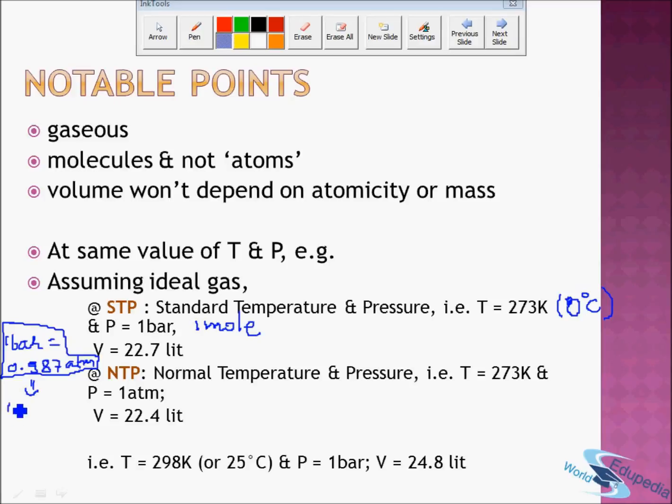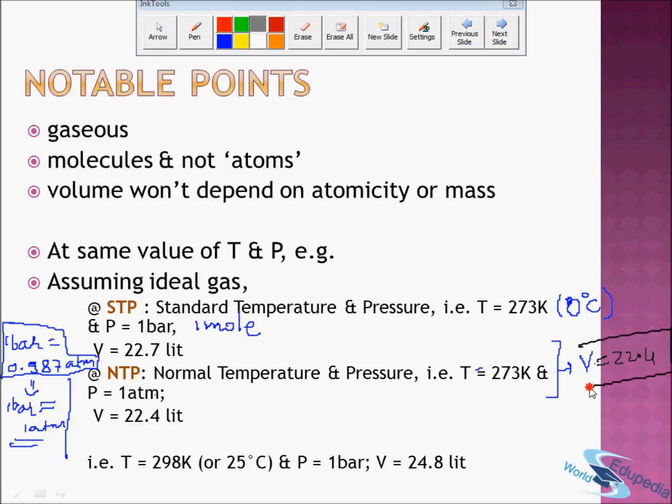So I assume that 1 bar is approximately the same as 1 atm, and temperature is already 273 Kelvin in both cases. So whether at STP or NTP, I can say that the volume occupied by gases will be approximately the same, and we assume that volume to be 22.4 liter.